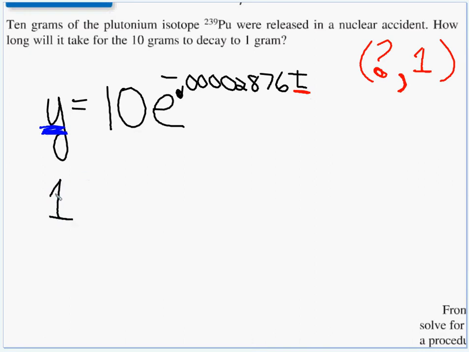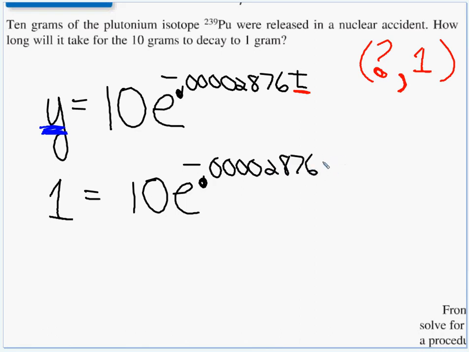So 1 equals 10 e to the negative 0.0002876t. Step 1, divide by 10. So this is now 1/10. And over here is a base e, so we're going to natural log.